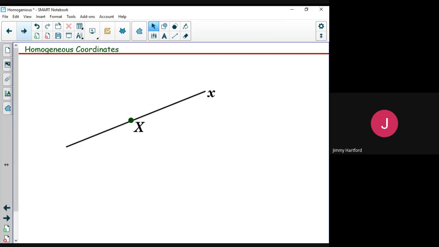So to begin with, we have already established that we have a point with capital X, and then it can lie incident on a line with lowercase x. The basic idea of this coordinate system is that for each one of these objects, we're going to assign a triad of numbers.